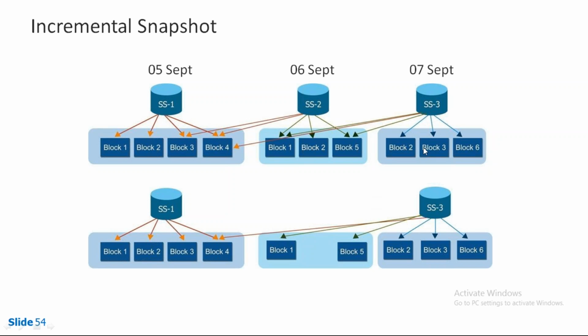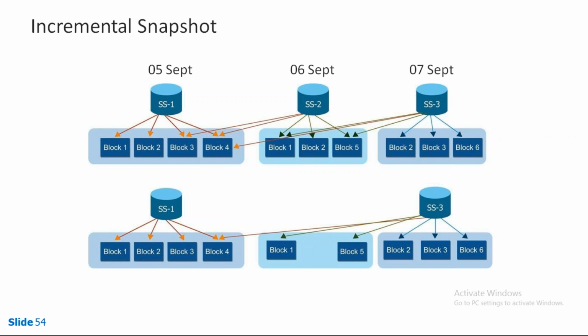And next, on 7th September, you have edited block 2 again, and block 3 from day 5 to day 7. On day 7 you have edited, so block 3 is backed up, and block 6, an additional block, is added, so block 6 is also backed up here.